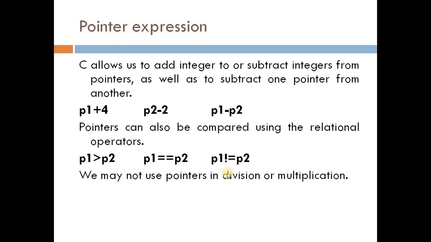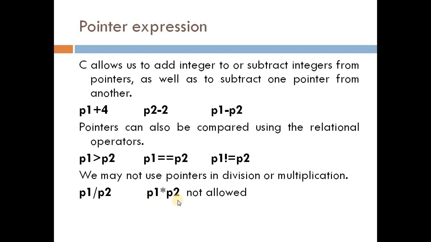We may not use pointers in division or multiplication. So these are the two arithmetic operations, division and multiplication, which we cannot do on pointers. So P1 divided by P2 is not allowed.